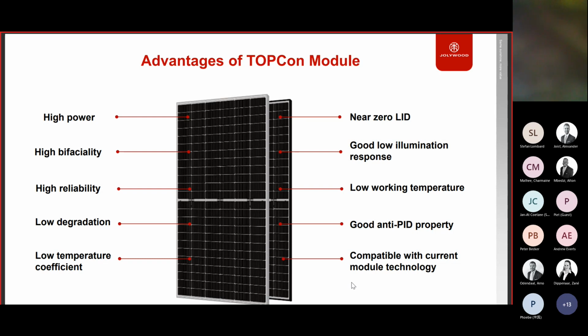But for TOPCon modules, we can upgrade our PERC production line to TOPCon. And that is also a really obvious advantage for TOPCon modules. And that's also why more other tier 1 module manufacturers, P-type module manufacturers, choose TOPCon technology.